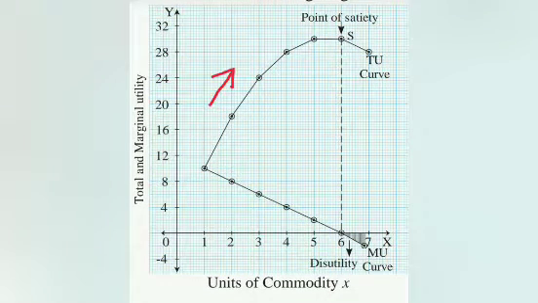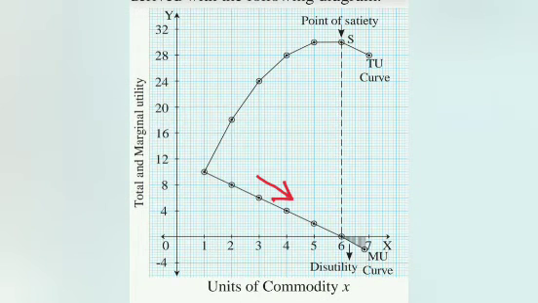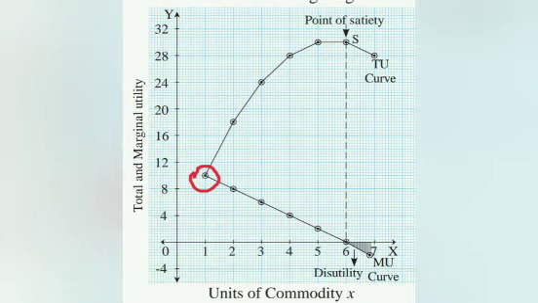In this diagram, the total utility curve slopes upward, whereas the marginal utility curve slopes downward. The marginal utility curve shows zero and negative levels of marginal utility, whereas the total utility curve shows maximum and constant total utility. So students, the schedule and diagram explain that total utility and marginal utility of the very first unit of X consumed are the same.